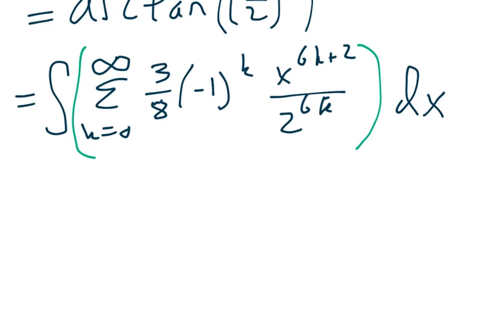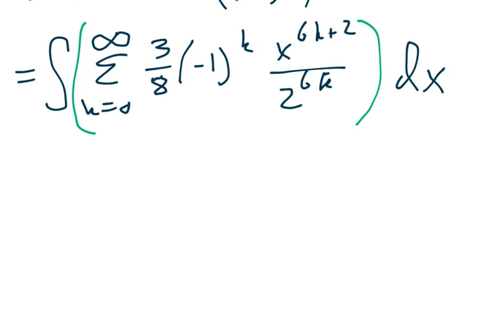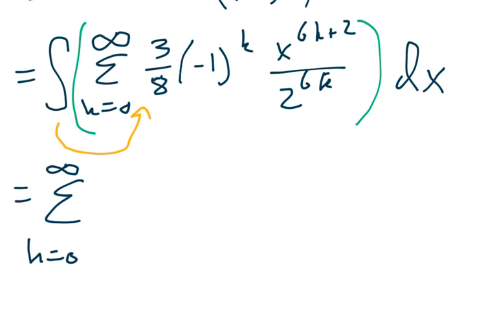Now all the stuff that doesn't depend on k, or also doesn't depend on x, I'm going to take out. Because we're within our radius of convergence, we could bring the integral inside, right? That's the important thing. So we can write this as the sum from k equals 0 to infinity, and all the stuff that doesn't depend on x I'm going to take out.